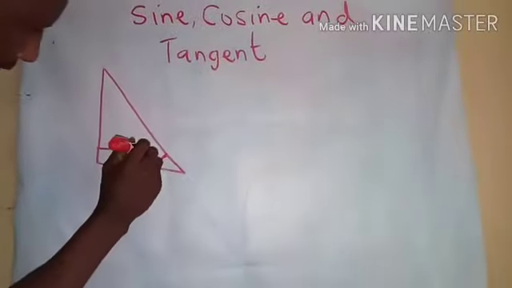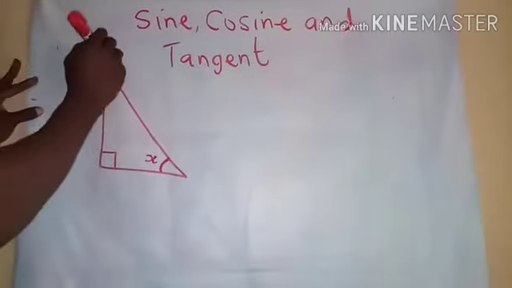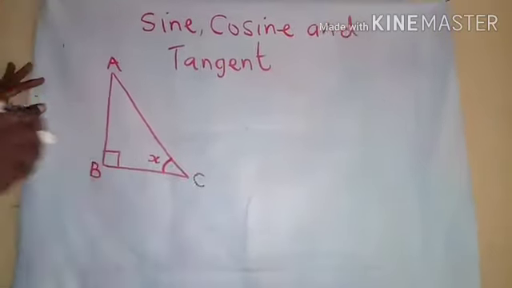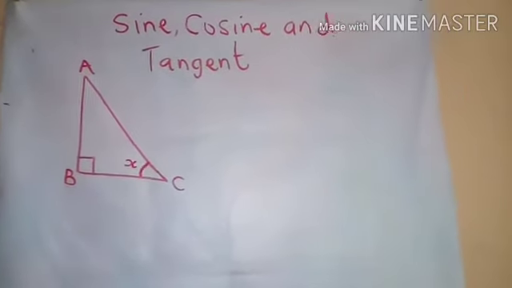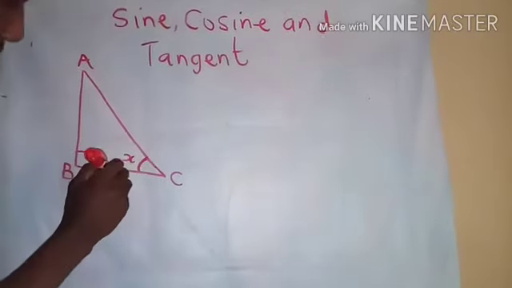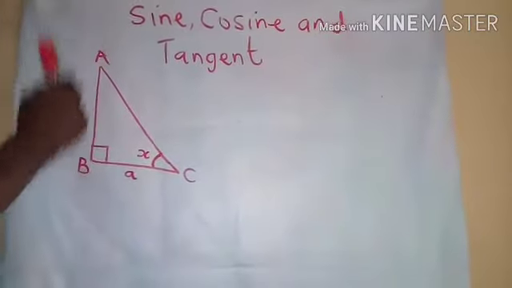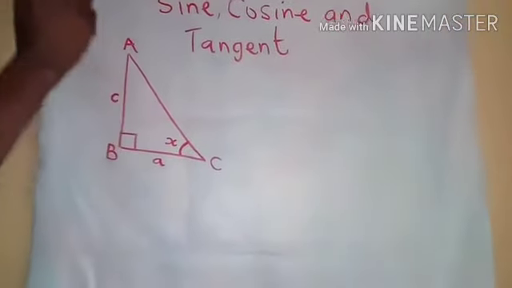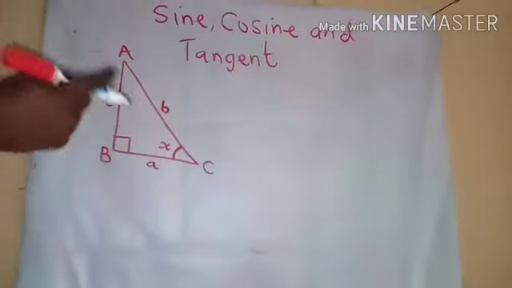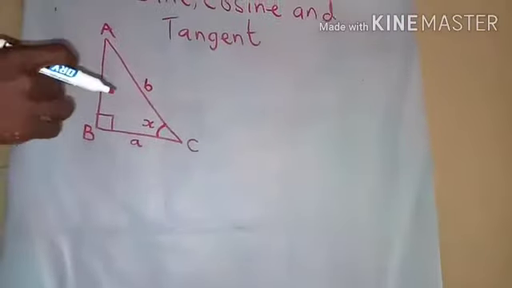Let's call it angle X. So now I want to define angle X from triangle ABC. Let's say line BC is given small a, line AB is given small c, while line AC is given small b. The angle opposite it, we claim the lines.